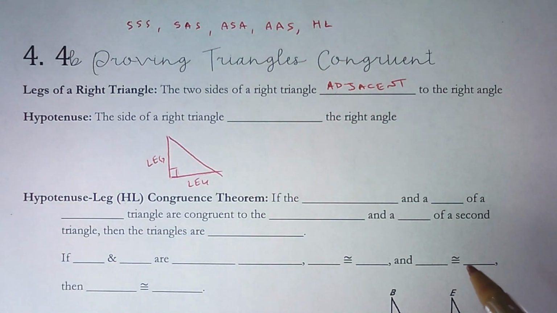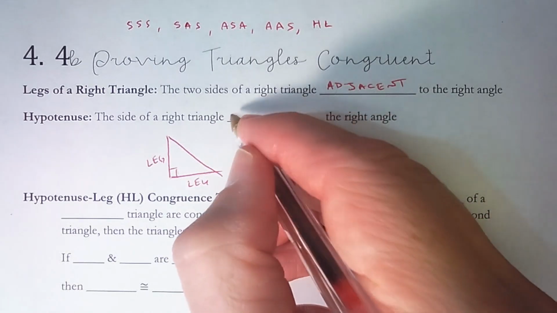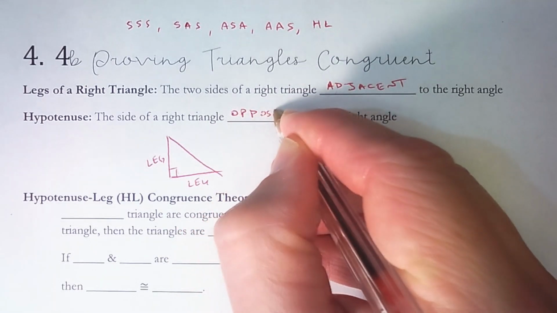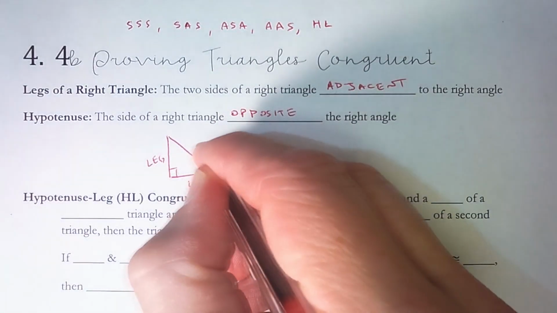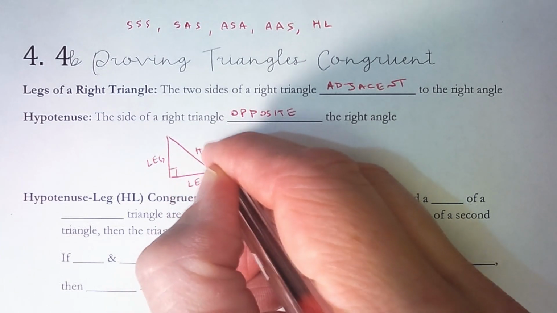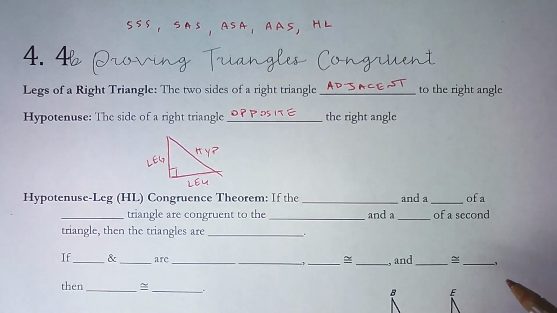The hypotenuse is the side of a right triangle opposite the right angle. So this over here, across from the right angle, is the hypotenuse.